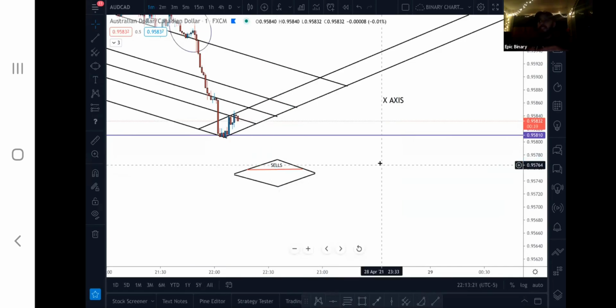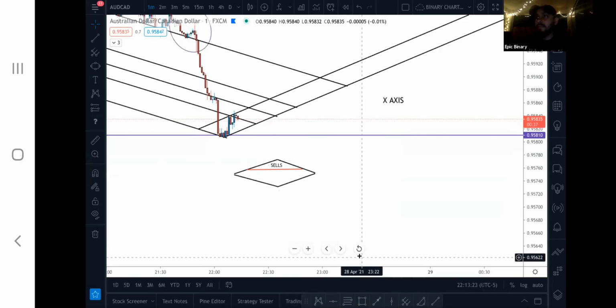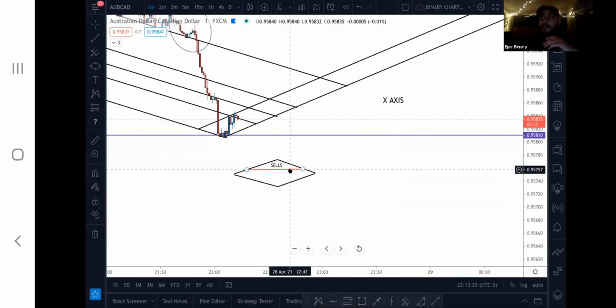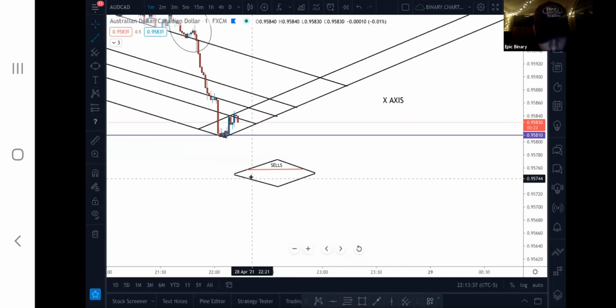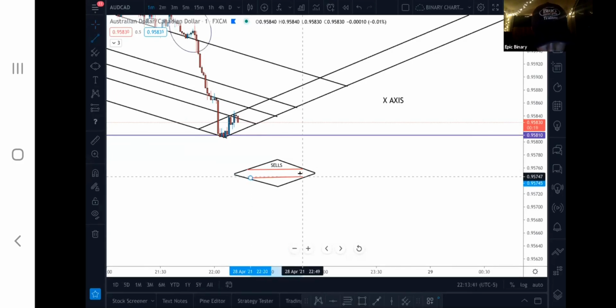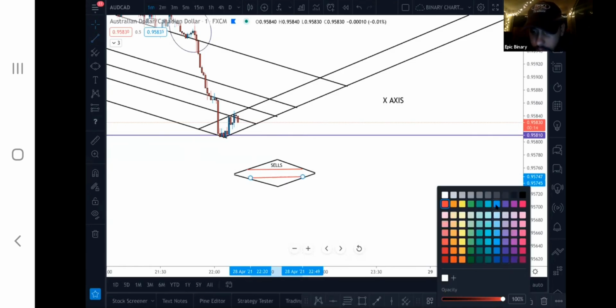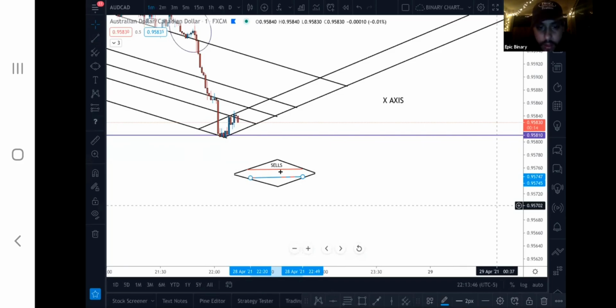So when price is at the top of the diamond box, we're going to be looking for sells in this area, right? I'm going to break this down for you. Watch this. Right? When we are in this range, we are looking for buys.